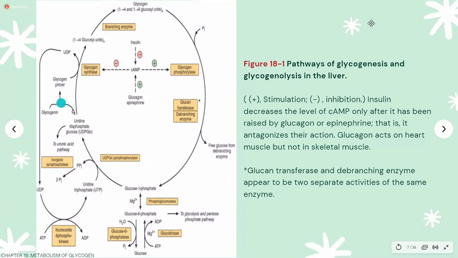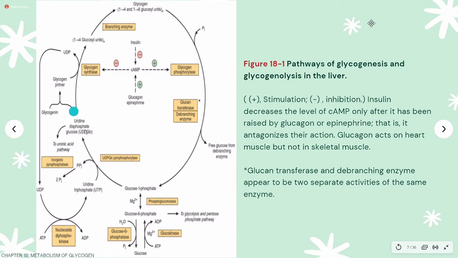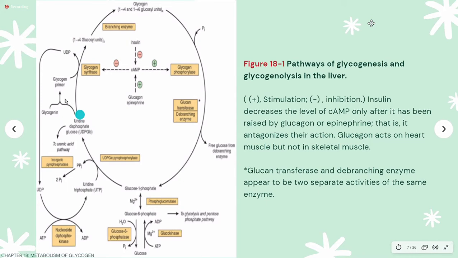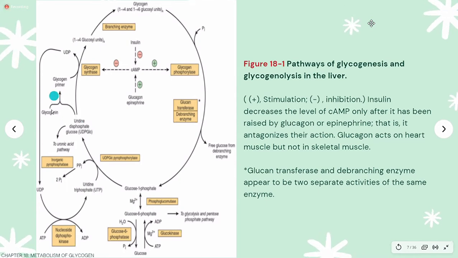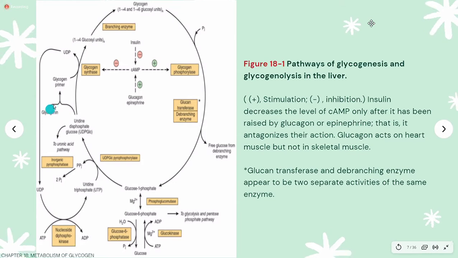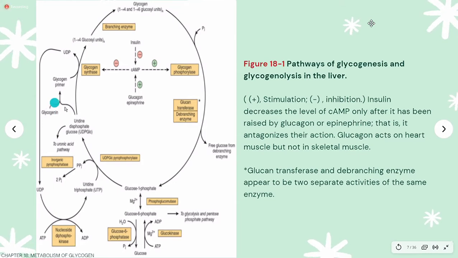So that when things are favorable, where there's plenty of glucose, then those glucose units can be attached to the glycogenin with some glucose units already. Do you get it?